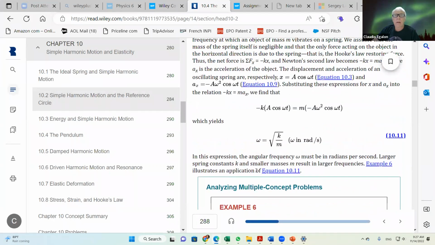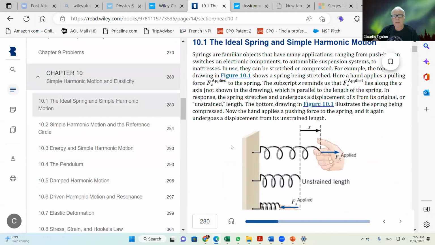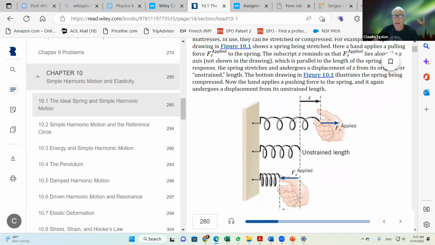Let me put up the ideal spring. So that equation that you saw is the equation for the ideal spring, Hooke's law. This force increases as you displace the spring from its position of equilibrium. What you have here is very similar to what I put in my drawings, right? Here's the position of equilibrium of the spring.